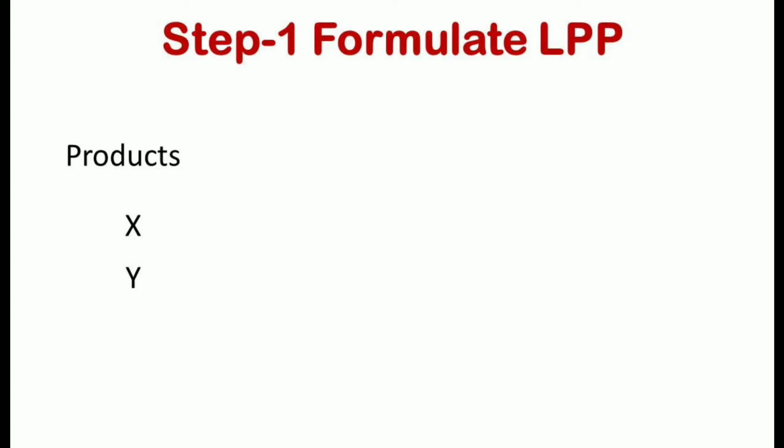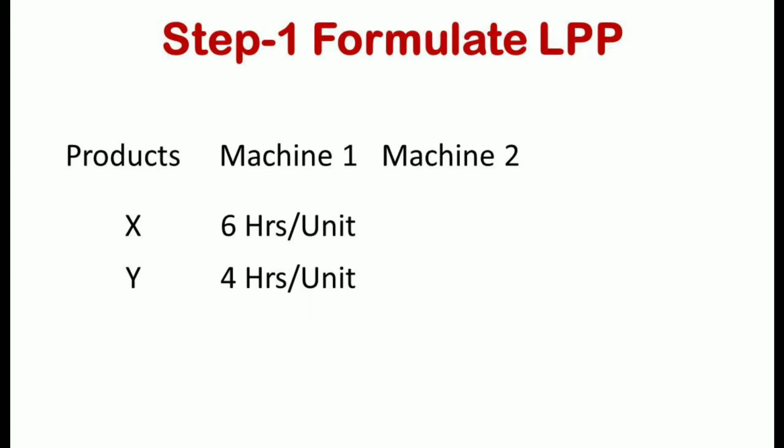A company manufactures two products, namely X and Y. Both products are processed on two machines, that is machine 1 and machine 2. The manufacturing of product X requires the processing of machine 1 by 6 hours per unit.